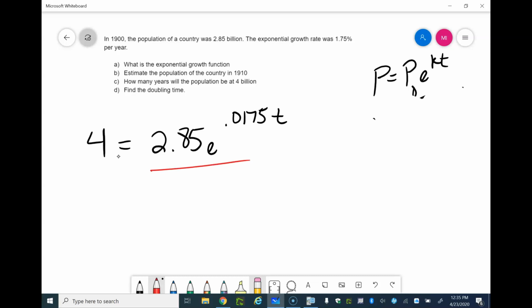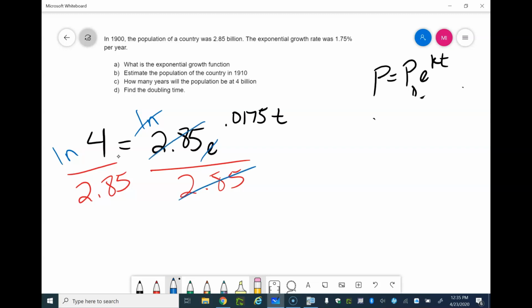Once again, we're going to divide both sides by 2.85. We're going to take the natural log on both sides so we can cancel out with the e. So this cancels out with the e here, and then this cancels here.